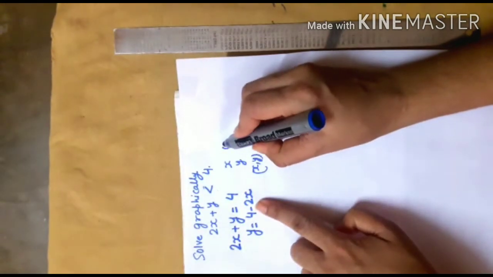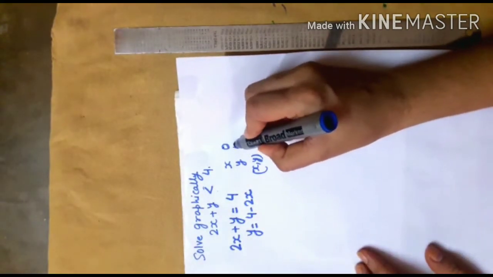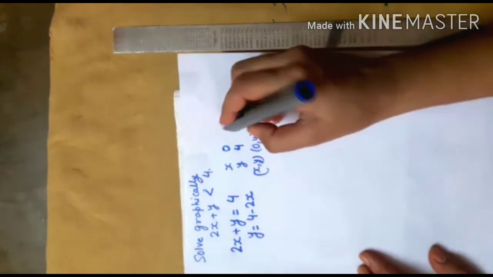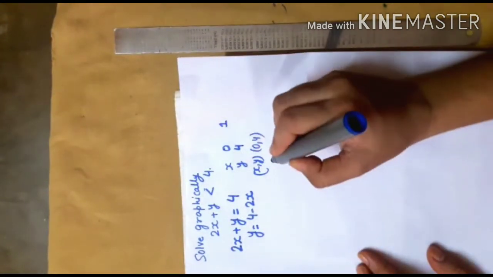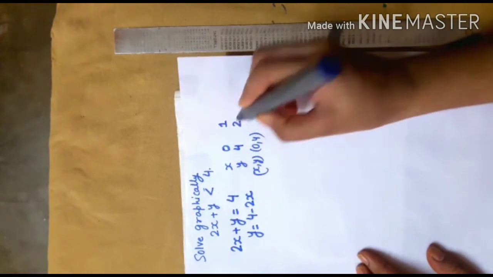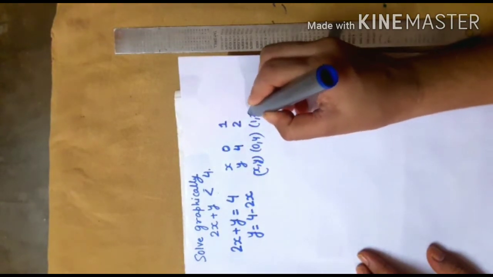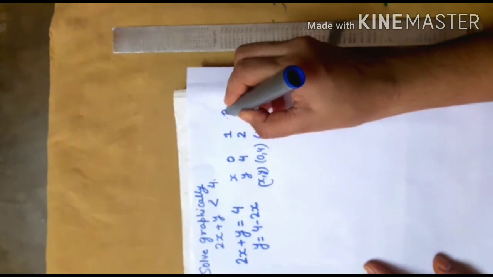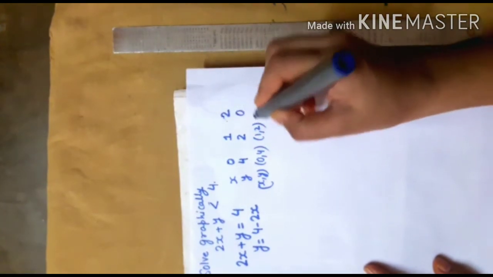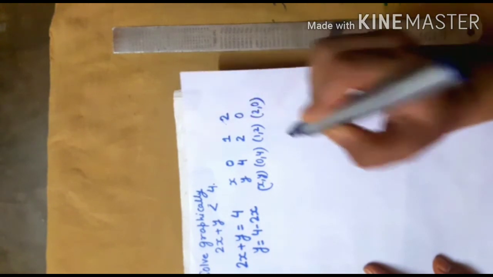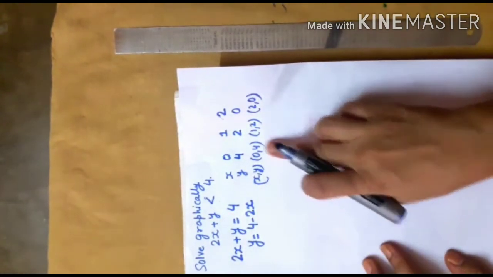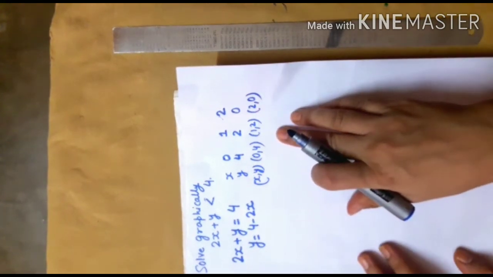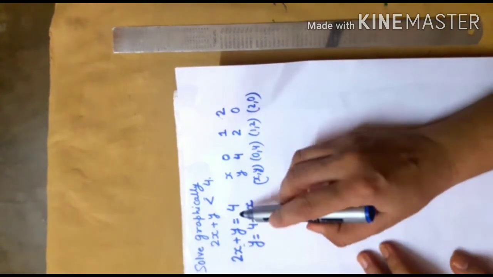So I get 3 solutions of this equation. First I'll put x as 0, I'll get y as 4. So the first ordered pair is 0, 4. Next I put x as 1, I'll get y as 2. So the ordered pair will be 1, 2. Then I put x as 2, I'll get 0. Now I will plot these 3 points on the graph paper to get the graph of this equation.